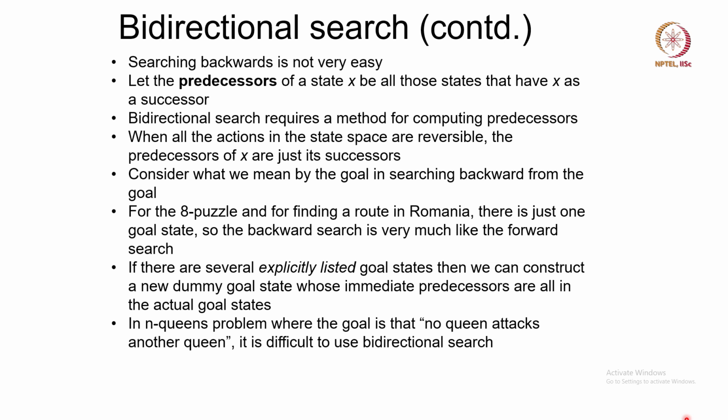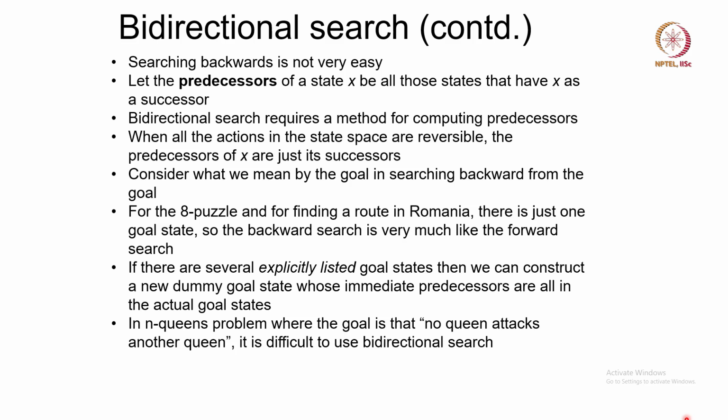But in some cases, for example the n queens problem, it's not possible to go backwards from the goal state because we don't know the goal state, right? So it's difficult to use bidirectional search in such cases. So what you find is that bidirectional search works only in some types of problems; it won't work in all types of problems.